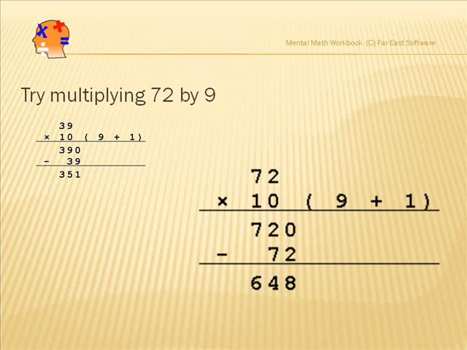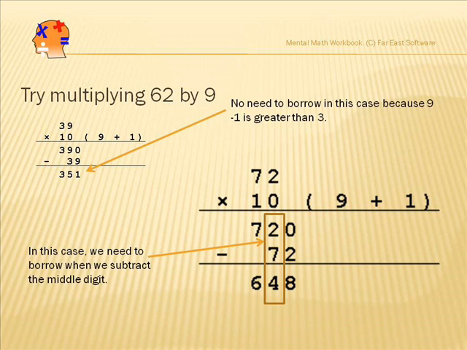Let us take yet another example and compare it with the previous two examples. This time, let us try and multiply 62 by 9. Once again, we first multiply by 10 and subtract the multiplicand from the result of the first step. Notice that the units place of the result is still 10 minus the units place of the multiplicand, and here it is 8, which is 10 minus 2.